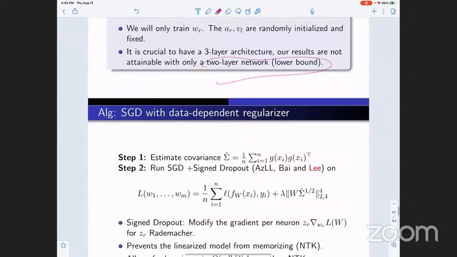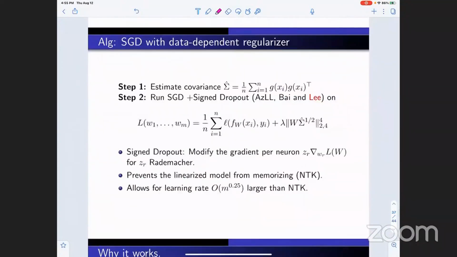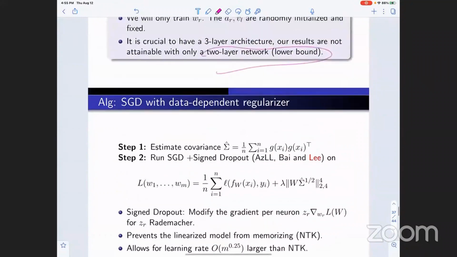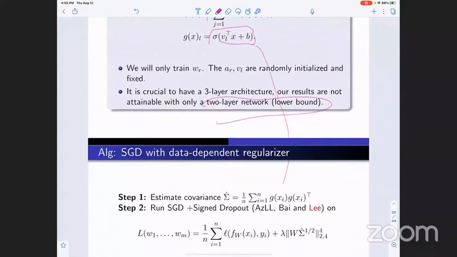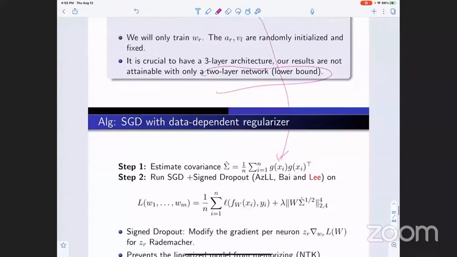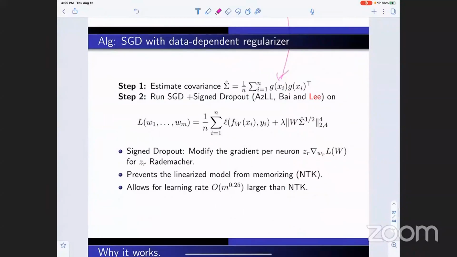So what is the algorithm? First you want to estimate the covariance of the random features from the first layer. That's these G's. You form this sigma hat. You use the sigma hat as a weighted regularizer. This is some weird norm. It's not very important.